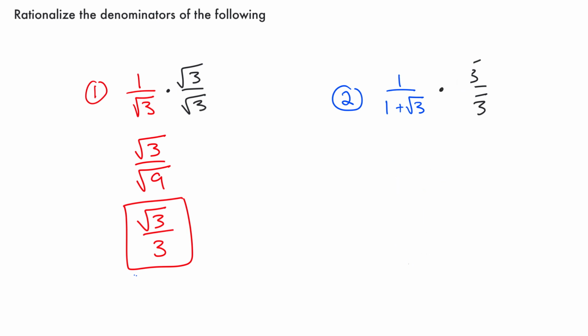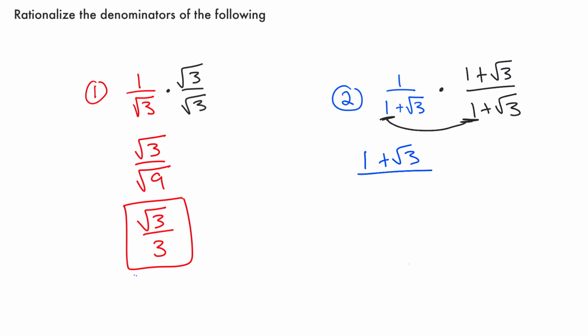Here's the second thing that students typically try next, which is to say, okay, well, in the first problem, we multiplied by the denominator. So let's just try multiplying by the entire denominator. 1 plus the square root of 3 over 1 plus the square root of 3. Spoiler alert again, this also won't work. Because when I multiply that out, I will get 1 plus the square root of 3 on top, and then first term times first term, 1 times 1 is 1.